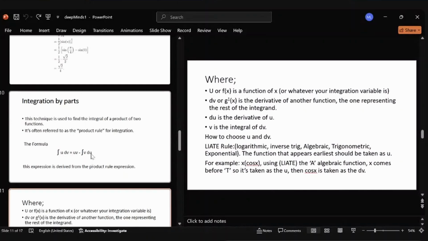Then the du is the derivative of u, and v is the integral of dv. The steps of choosing which one to take as the u and the dv, one of the commonest rules is the LIATE rule.